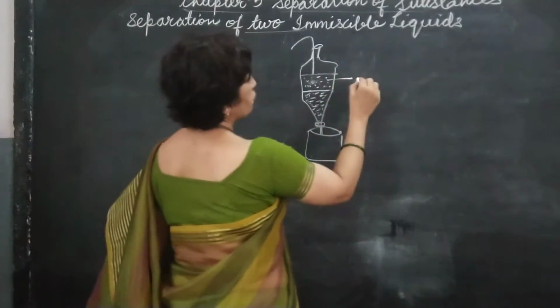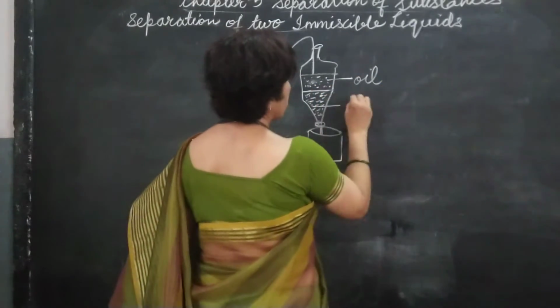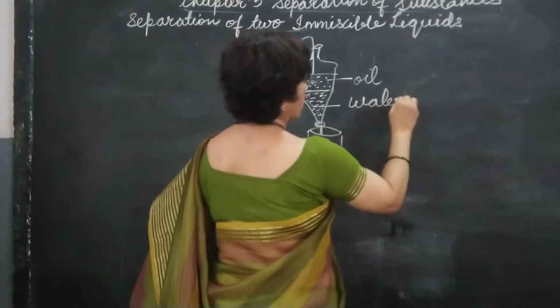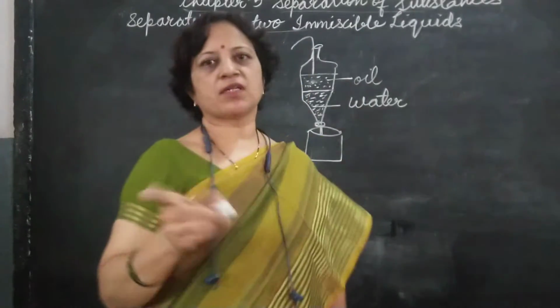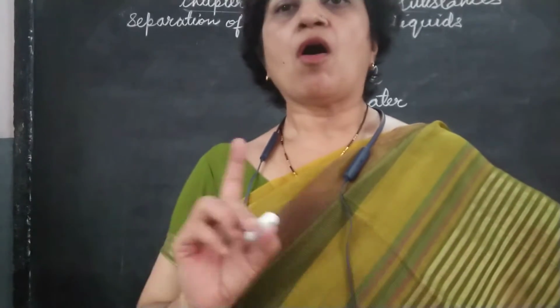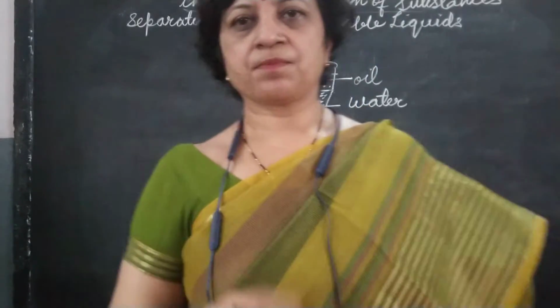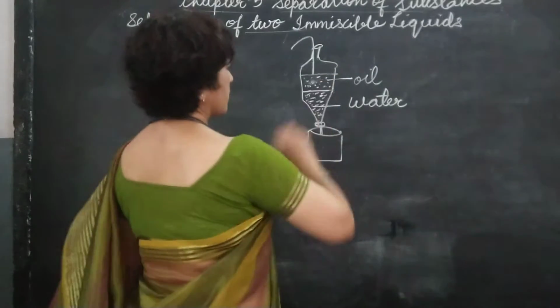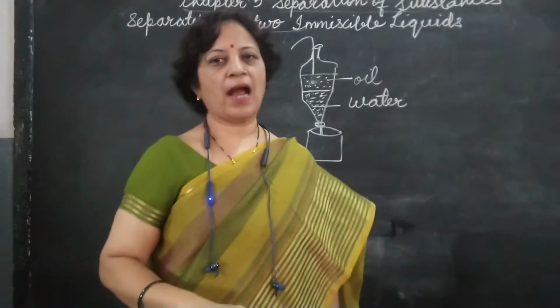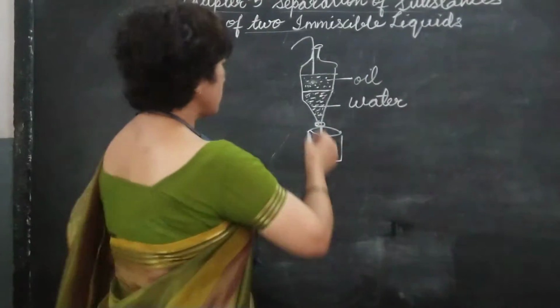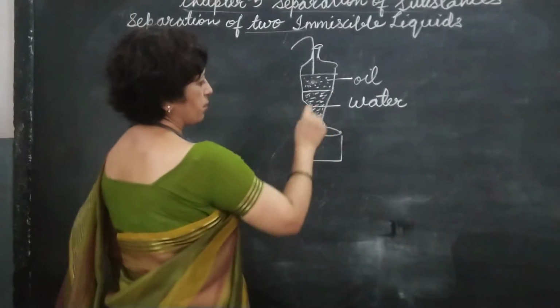Here is the oil layer and here is the water layer. Here it is water because water is denser. Oil is not denser, it is lighter. So oil stays in the upper layer and water comes down and forms a layer on the lower side.